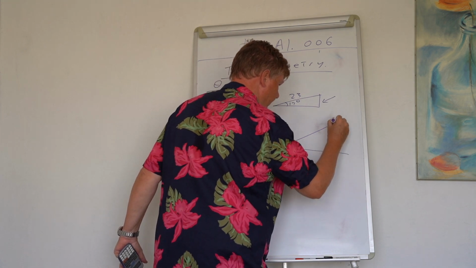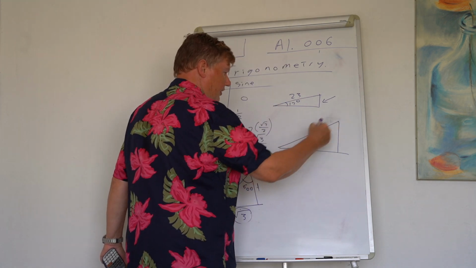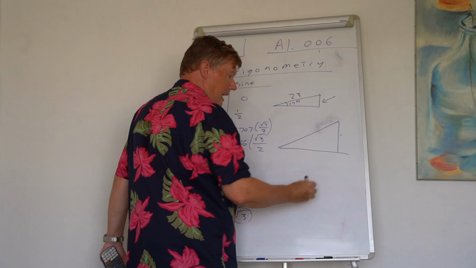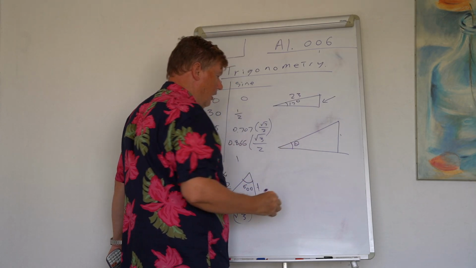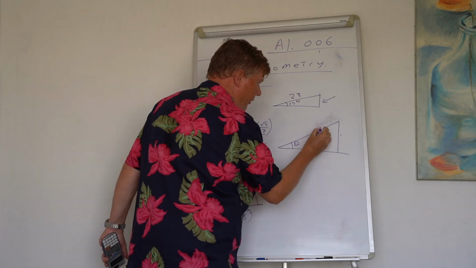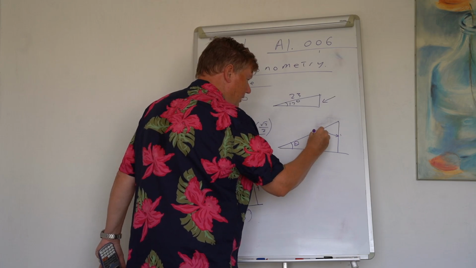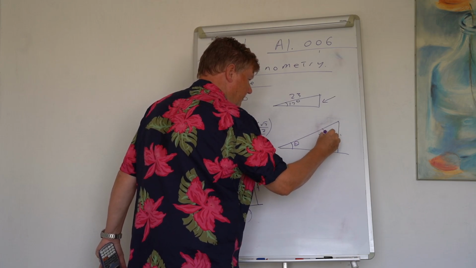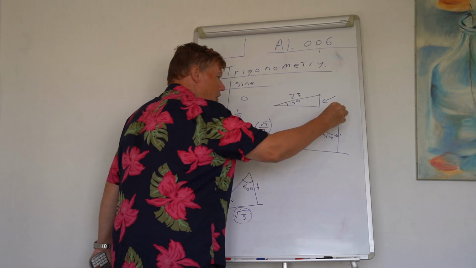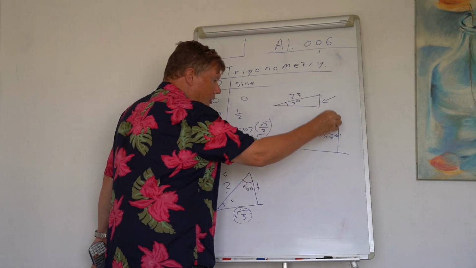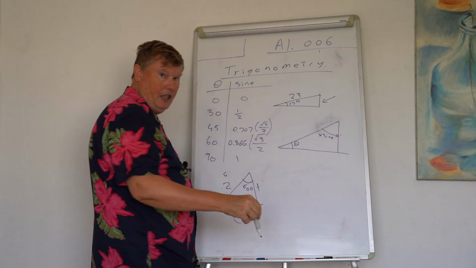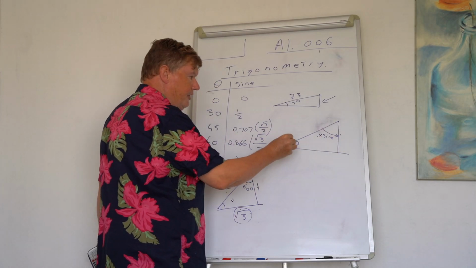Here's the rule for you. If you know what the long side is and you want to work out that, and this is your theta, to go that way, you're always trying to make it smaller, so you multiply by sine. So if you're told the long side and you want the smaller opposite side, you'll multiply by sine of theta.